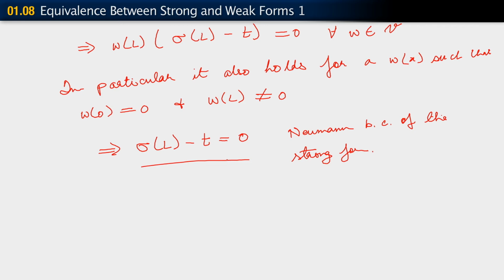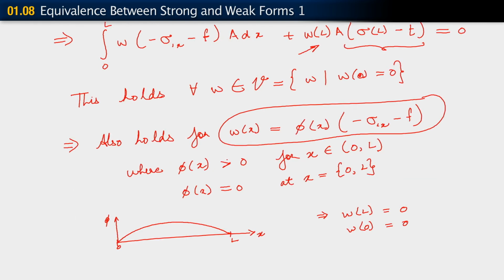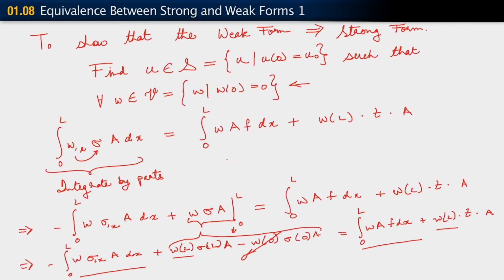The Dirichlet boundary condition on the strong form is already satisfied simply from the fact that we have our weak form here, right? On this slide, at the top of the slide, on the second line, you will observe that when I stated the weak form, I said that we wanted to find U belonging to S, where the space S consists of all functions that actually satisfy the specified Dirichlet boundary condition, right?